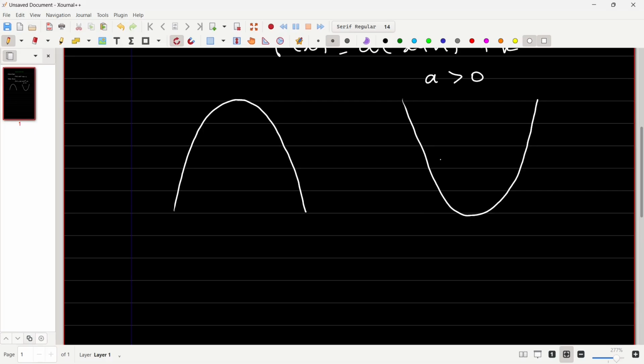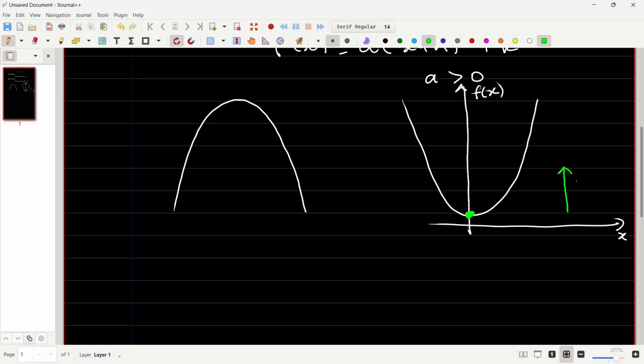Why does it represent a minimum point? Because if this here is your y-axis, and this here is your x-axis, what we're saying is the minimum point is actually the lowest point on the y-axis, right? The lowest point on the y-axis. Everything else is going to be above that, right? Every other value for the y-axis is going to be above that.